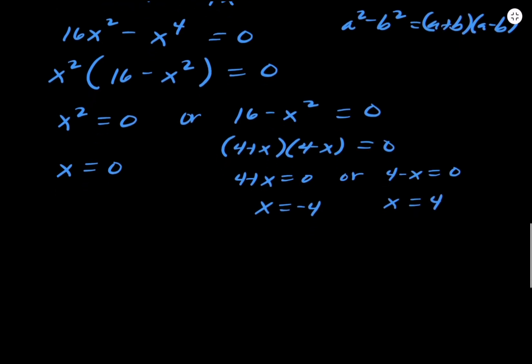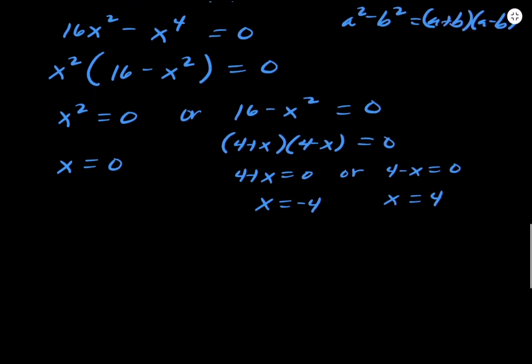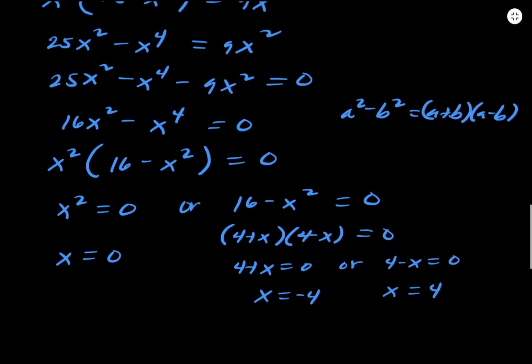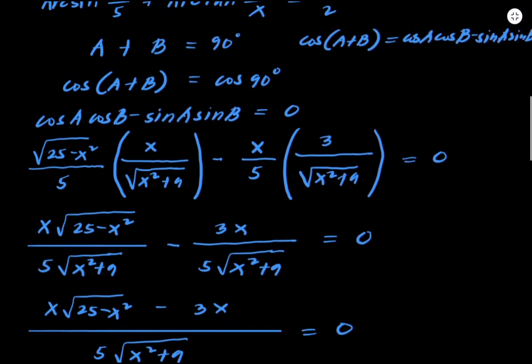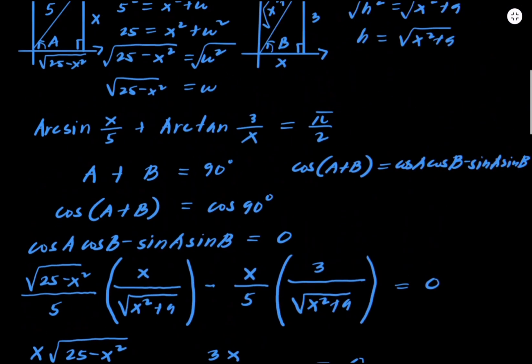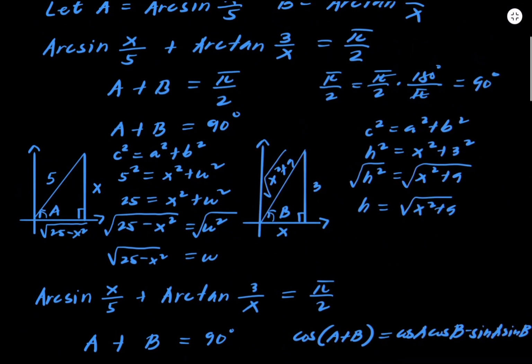Now, let us check the solutions for x. x is equal to 0. You can use the illustration. If x is equal to 0, yeah, that is satisfied because the root of 25 is 5. So that is okay.